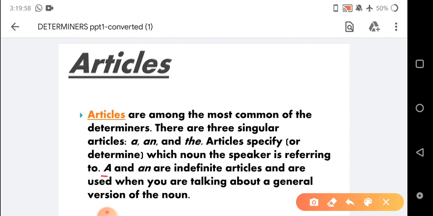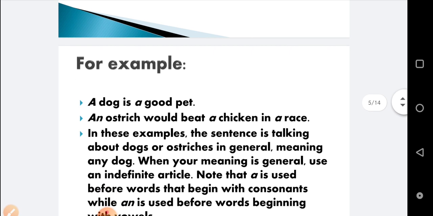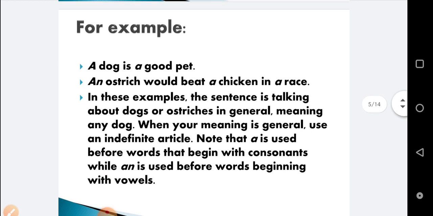Amongst articles, you can see a and an are indefinite articles. They are used when we are talking about a general version of a noun. We are not being specific here. For example, a dog is a good pet. An ostrich would beat a chicken in a race.